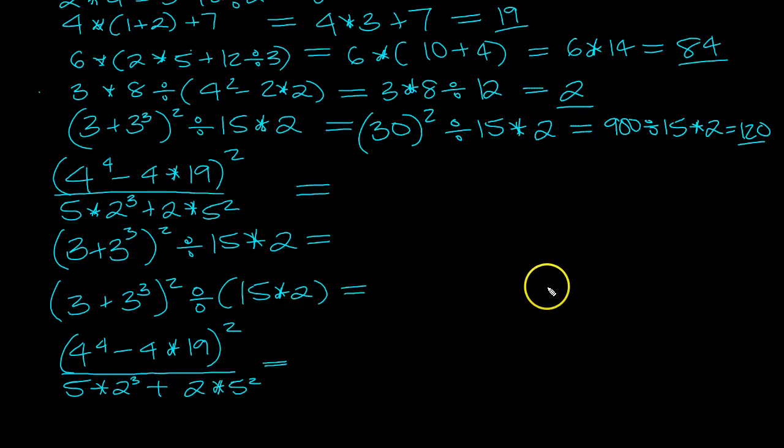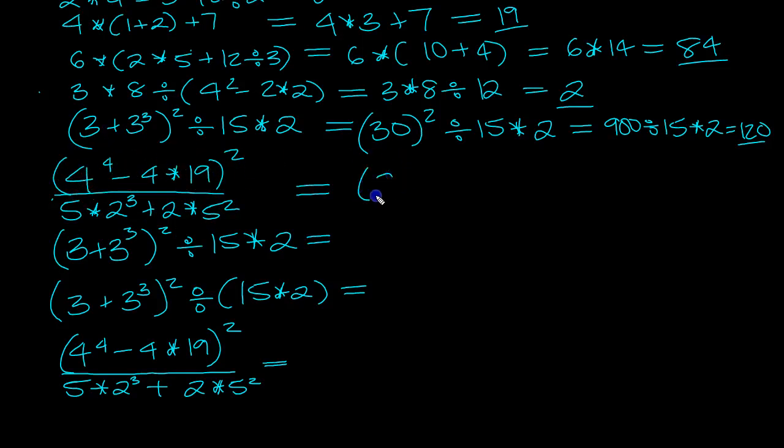Okay, next few then. Bracket first. Basically, when you see all this on top divided by all this on the bottom, it's just another way of writing a bracket over a bracket. That's how you interpret this big line here: the whole of the top divided by the whole of the bottom. Now the whole of the top, you do the bracket first, and inside the bracket we've got 4 to the 4.